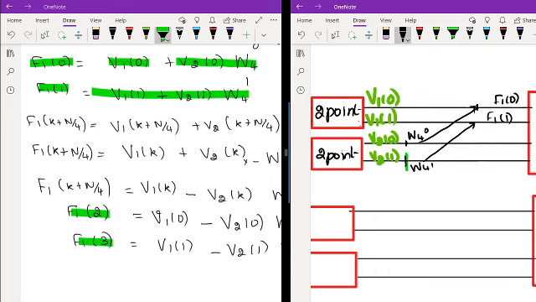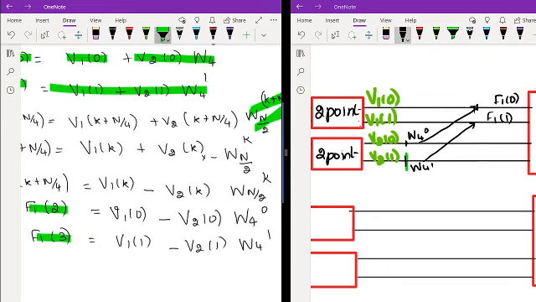The last two samples are calculated from F1 of 2 is V1 of 0 minus V2 of 0 into W4 power 0. So already we have calculated this V2 of 0 into W4 power 0. We are going to subtract this from V1 of 0. So V1 of 0 minus V2 of 0 into W4 power 0. So this is equal to F1 of 2.